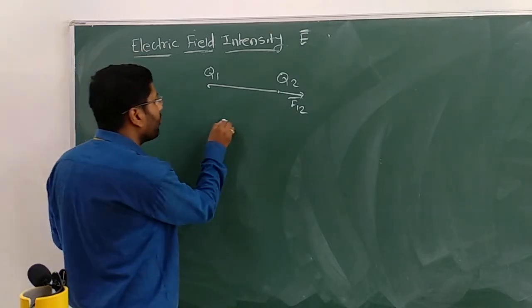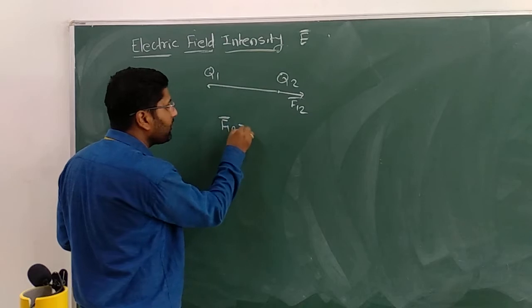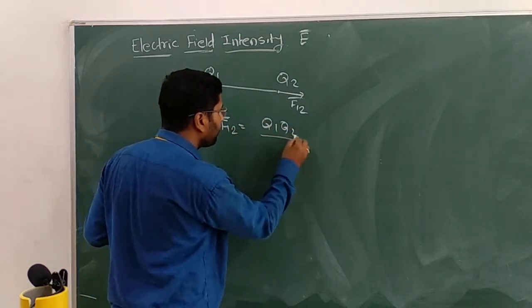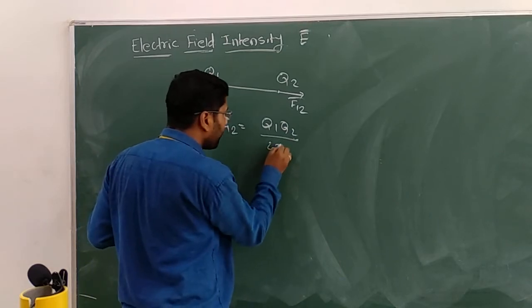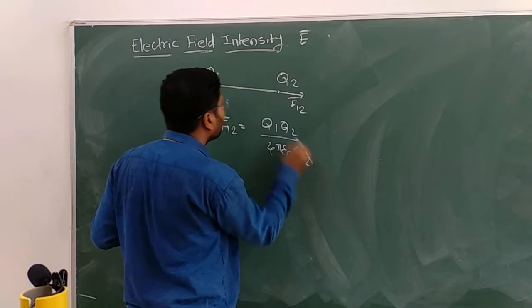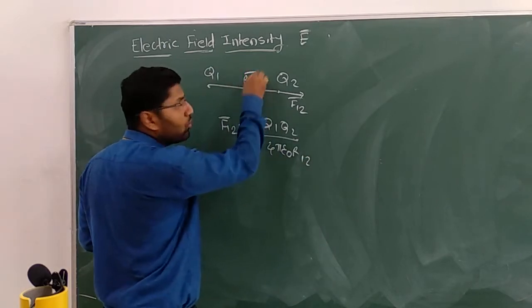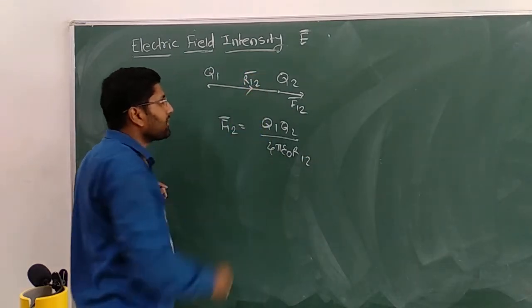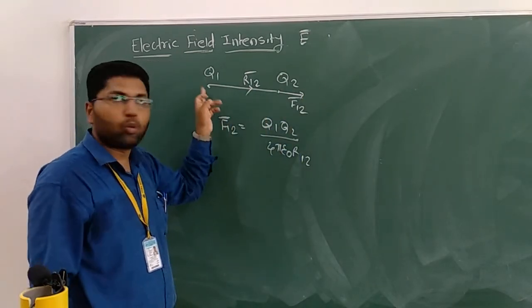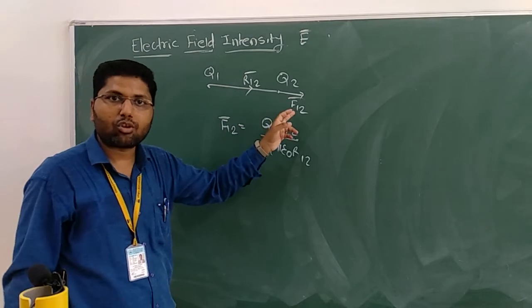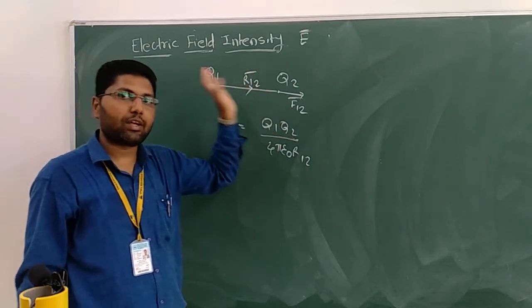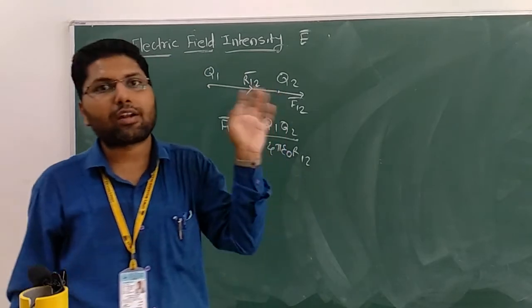What is Coulomb's law? F12 bar is equal to Q1 Q2 divided by 4 pi epsilon 0 R12 square, times a R12 bar. This is R12 bar because the direction is from Q1 to Q2. I am repeating again: Q1 to Q2 is the direction of that vector, R12 bar. Why do we require a vector? We require a direction.